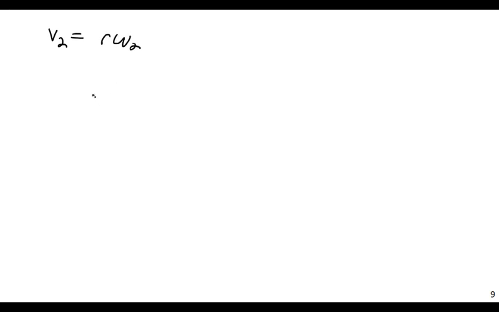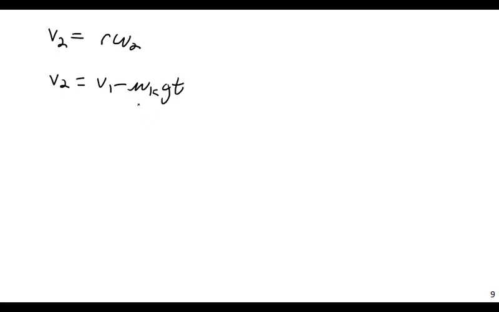And from my previous equation, I know v2 equals v1 minus mu kinetic times g times t.